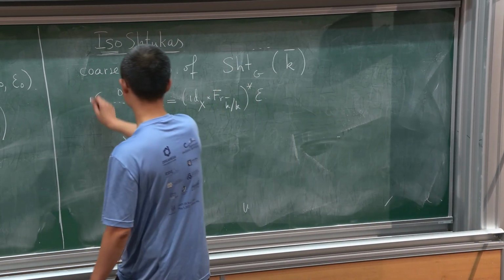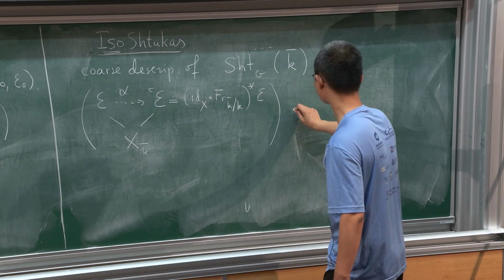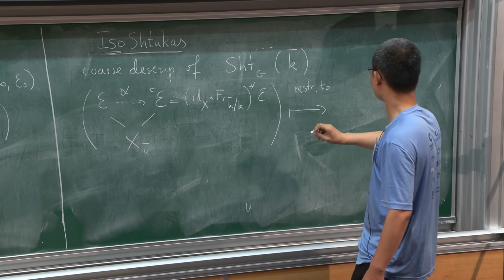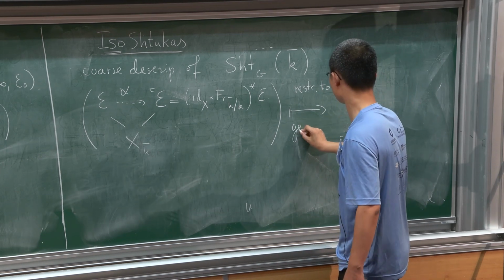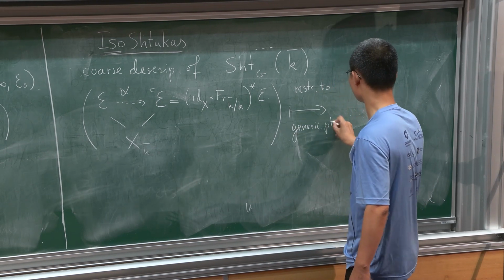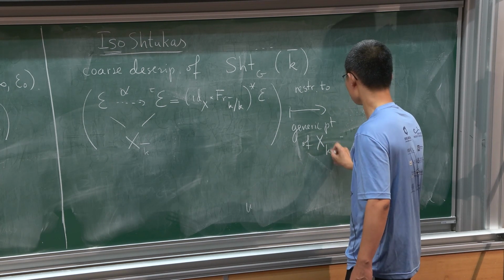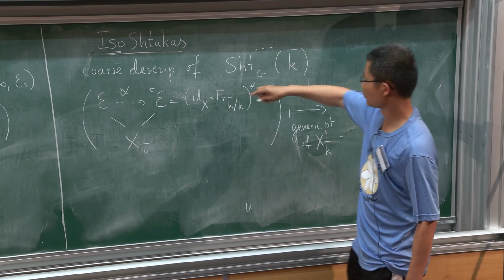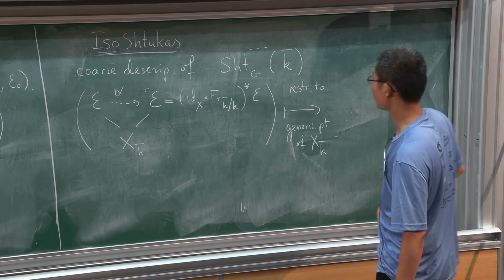So this data we can restrict to the generic fiber, to a generic point of X_k-bar, to get something that deserves to be called an iso-Shtuka.